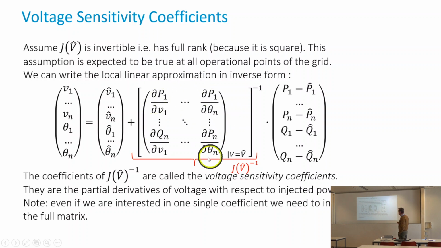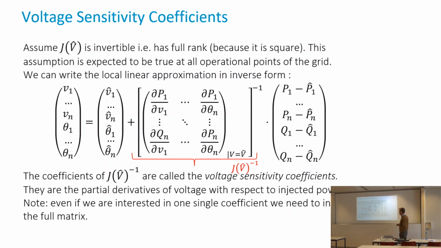When we look at those different linearizations here, we may also want to linearize the voltage magnitude, for example, with respect to the power. This can be useful if we want to express, for example, voltage constraints here.